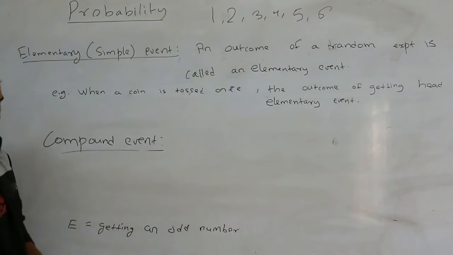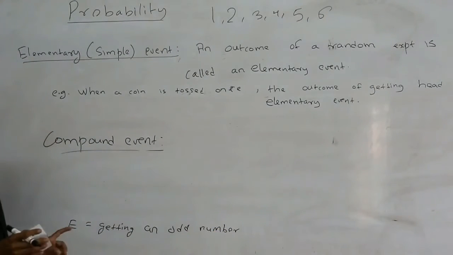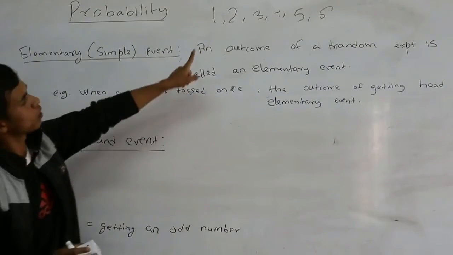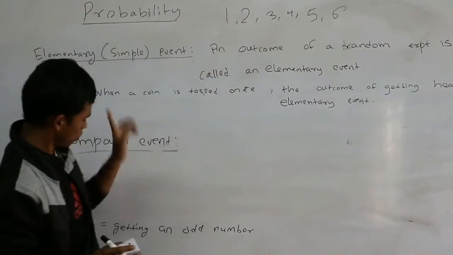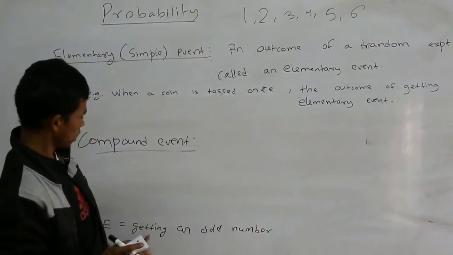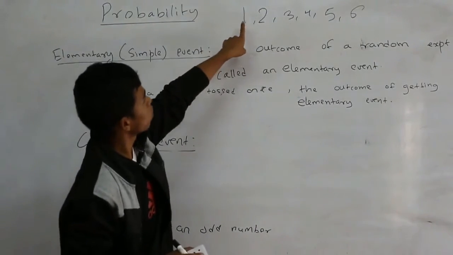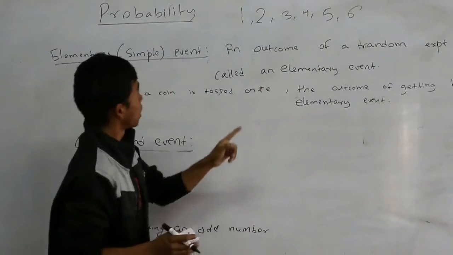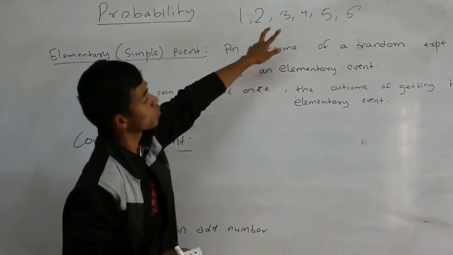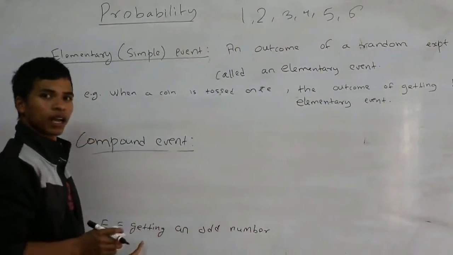When you throw this die once and you define E to be the event of getting an odd number, then what are the possible outcomes you are looking for? It is either 1, 3 or 5. So more than one outcome will favor this event, right?